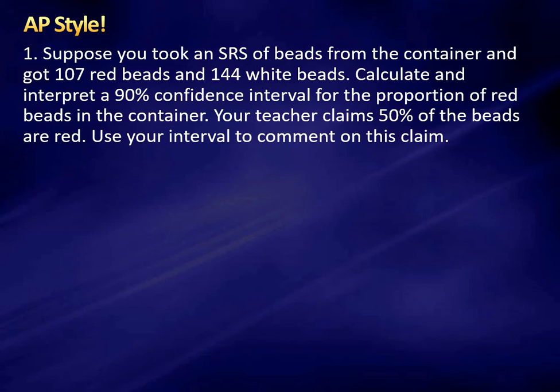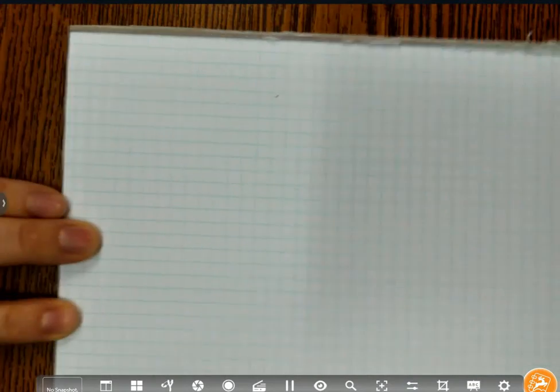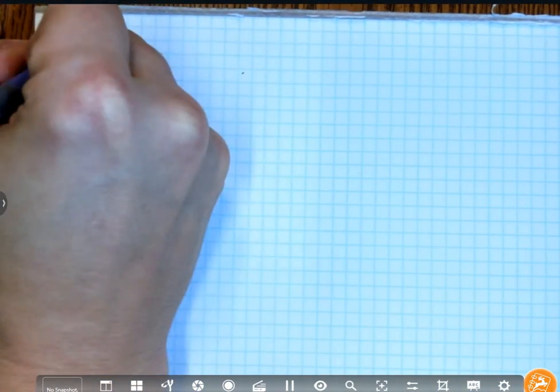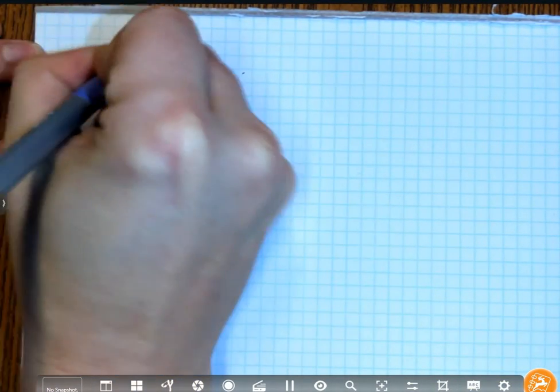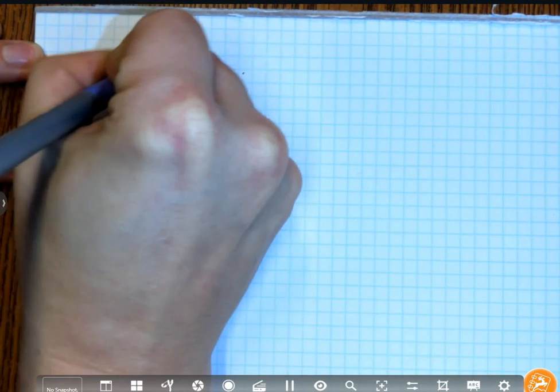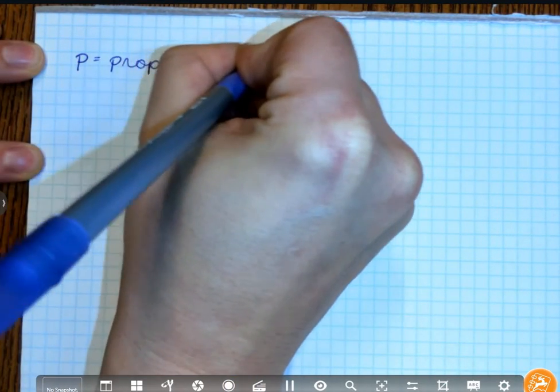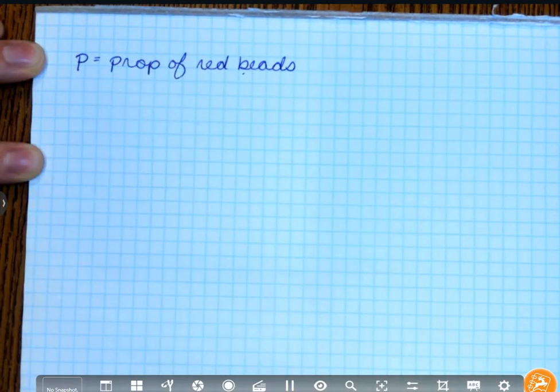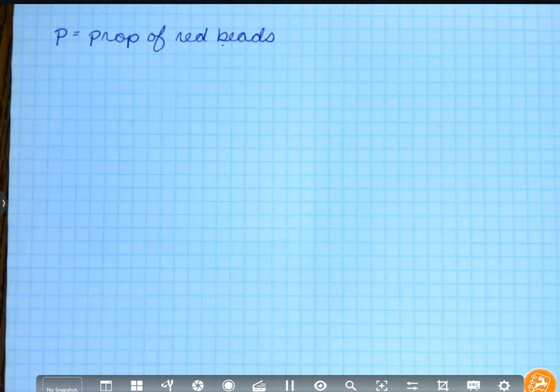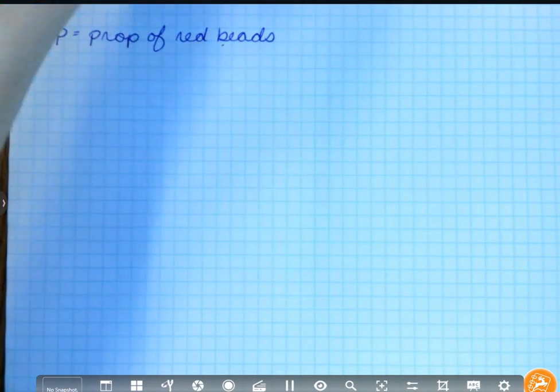That's it. It's the proportion of red beads. That's all we need. So I'm going to start by saying P is equal to the proportion of red beads. You always start by writing down what it is that you're talking about.